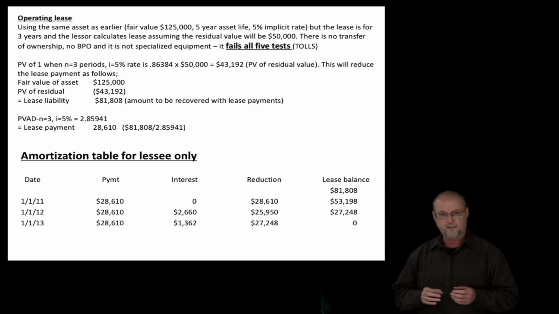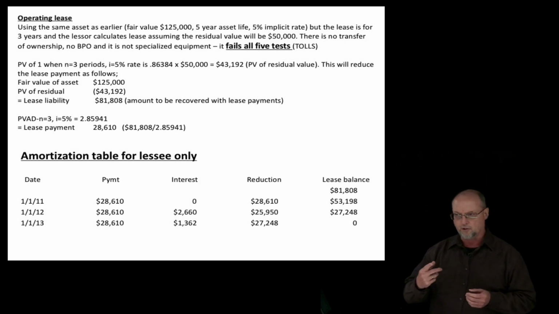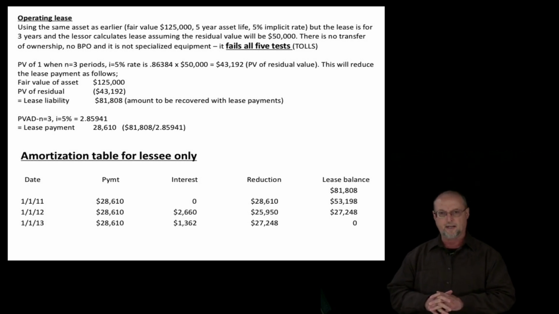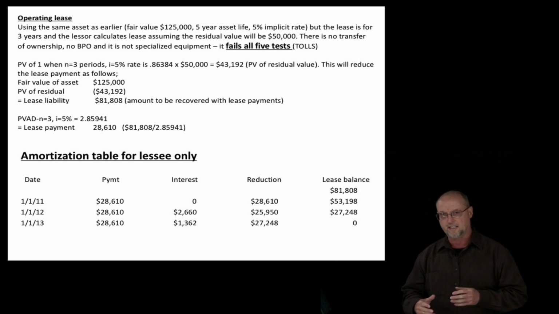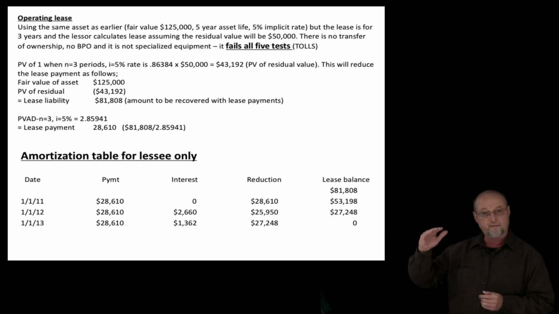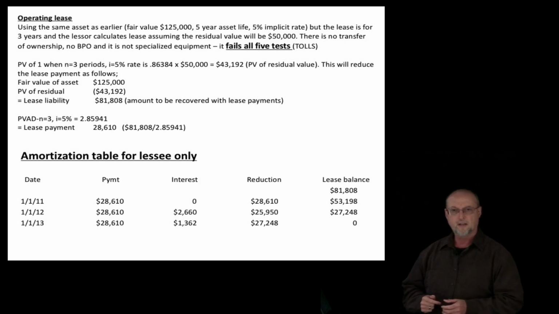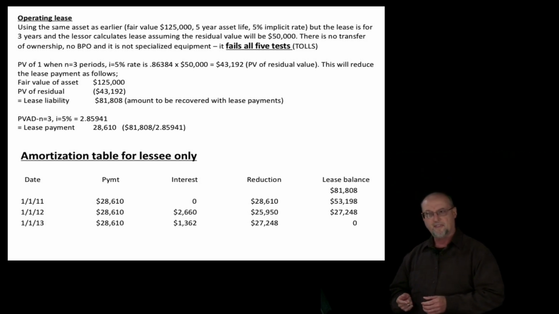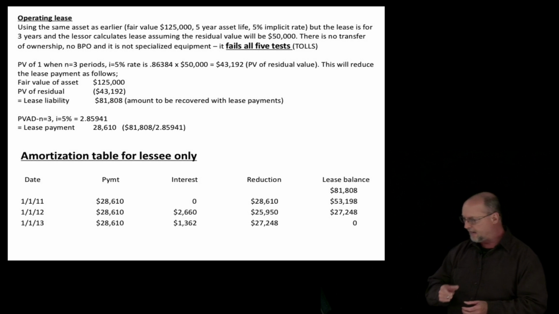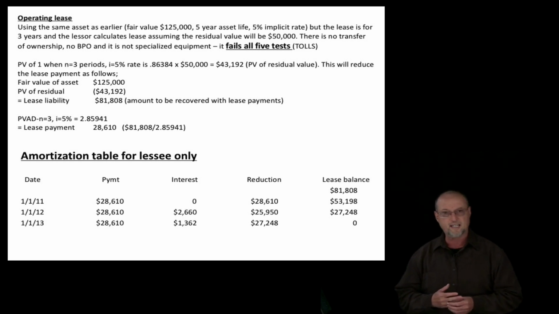And to reconstruct, you see where we got the $81,808 balance. We subtracted the present value of the residual from the fair value to determine the value of the lease payments, $81,808. The first payment comes on day one. That entire amount reduces the lease balance to $53,198.